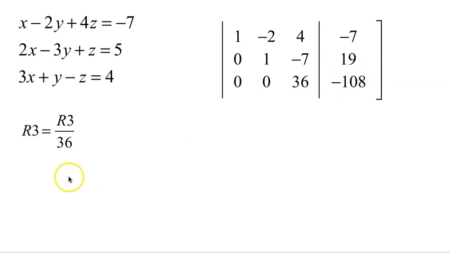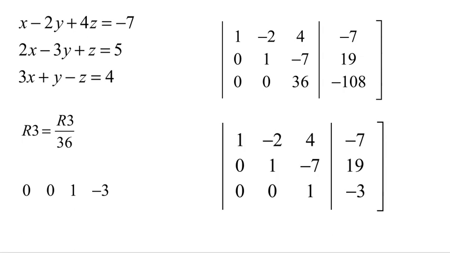And negative 108 divided by 36 is negative 3. So that becomes my new row 3. And at that point, we have successfully converted this into an upper triangular row-reduced matrix.